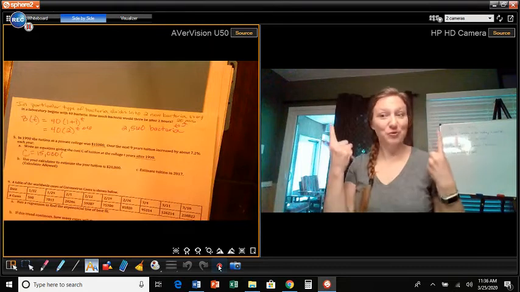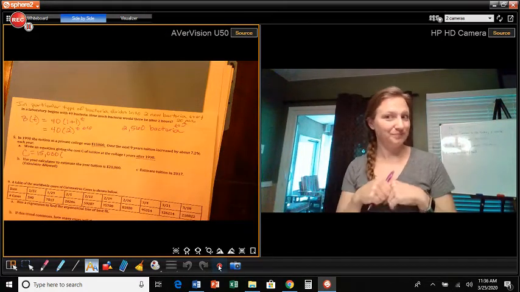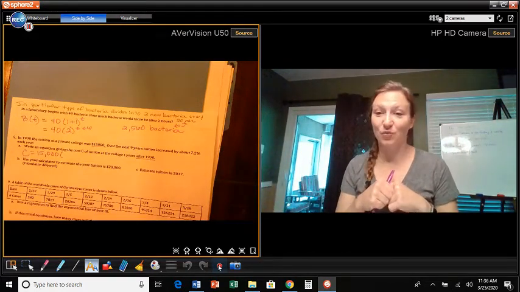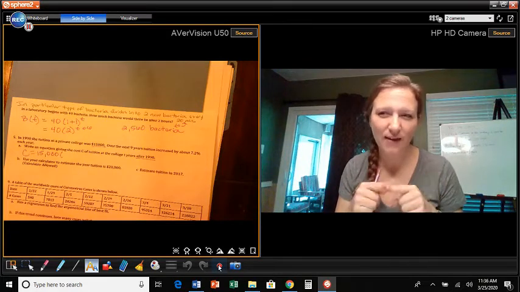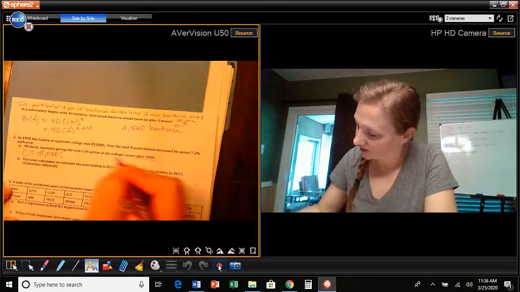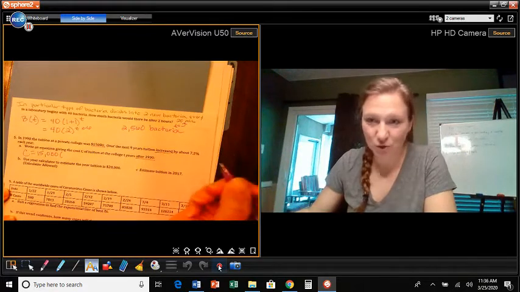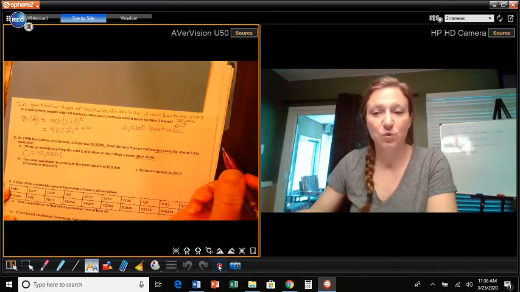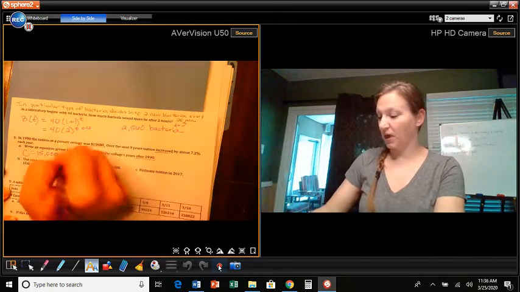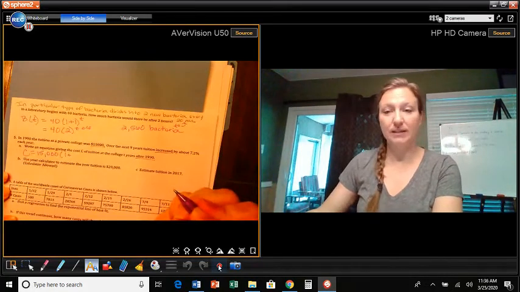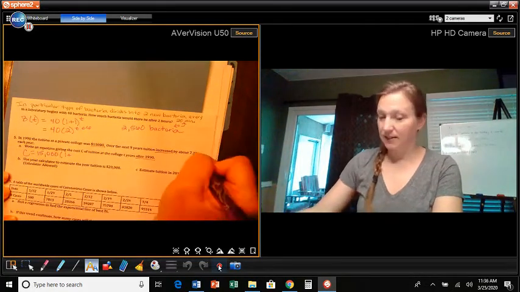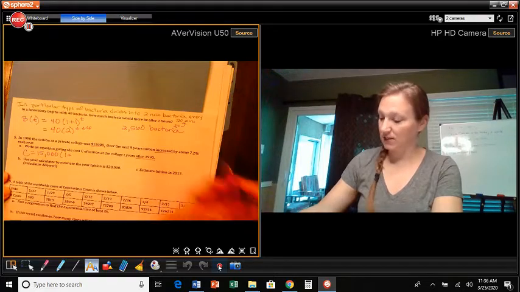Is this an exponential growth or decay kind of scenario? You're right, it is a growth. And how did you know that? This word right here should have clued you in. Increased, right? If tuition is increased, it's going up. So we know this is going to be a 1 plus kind of scenario. And I'm going to take that 7.2% and change it into a decimal.